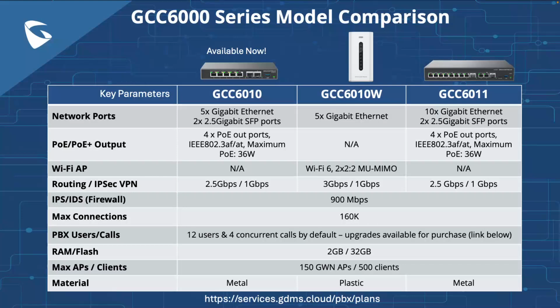And the last model is the GCC 6011, which is going to provide your network switch with 2 2.5 gigabit SFP ports and 10 gigabit Ethernet ports. And then again, the VPN router, next gen firewall, and IPPBX. One thing to note with the 6010 and the 6011, they both have a max PoE output of 36 watts.